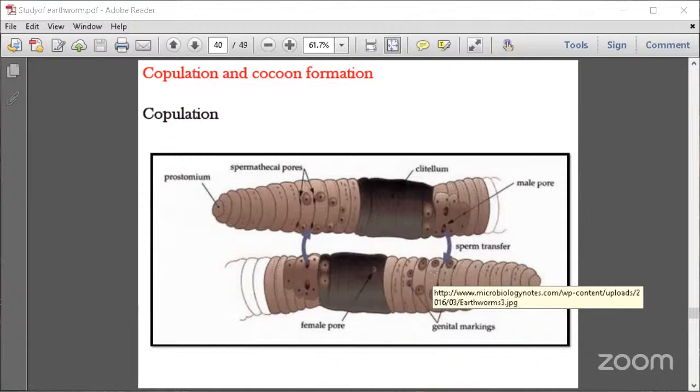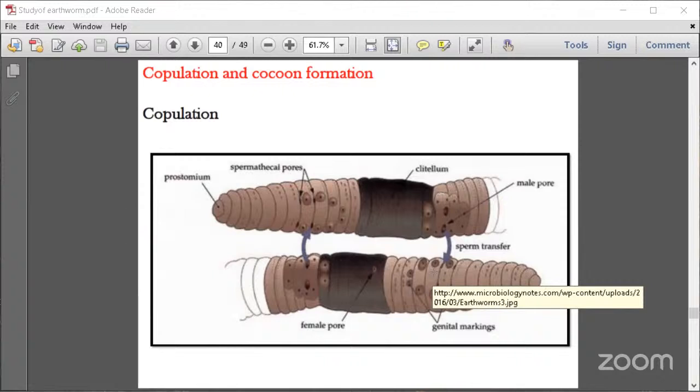The copulation lasts for about 1 hour. Then the worms separate, and after some days they lay their eggs in a cocoon. Cocoon formation and fertilization take place after copulation.